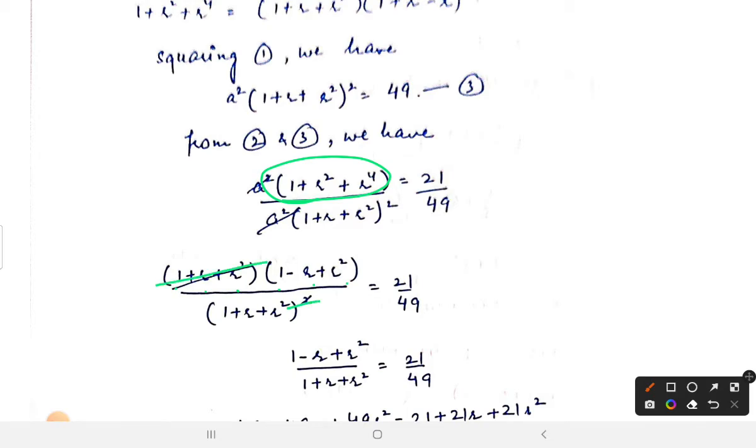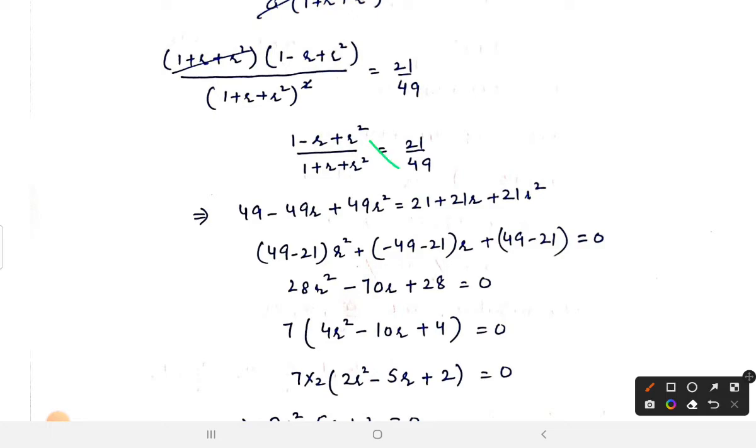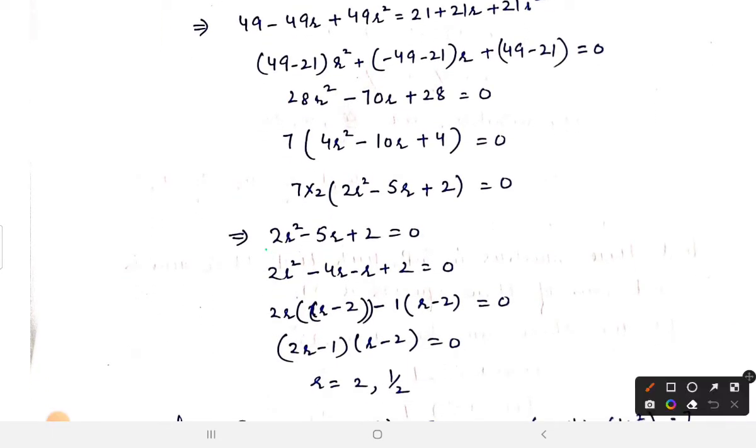So we have 1 minus R plus R square upon 1 plus R plus R square is equal to 21 by 49. Let us cross multiply, and after solving we will get the equation 2R square minus 5R plus 2 equal to 0, and after solving this we will get R is equal to 2 and 1 by 2.